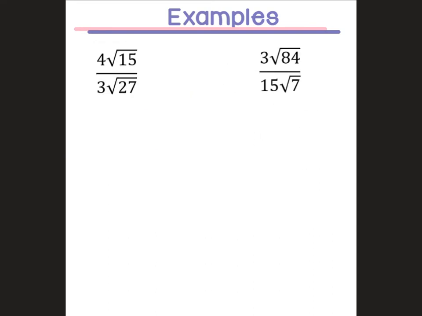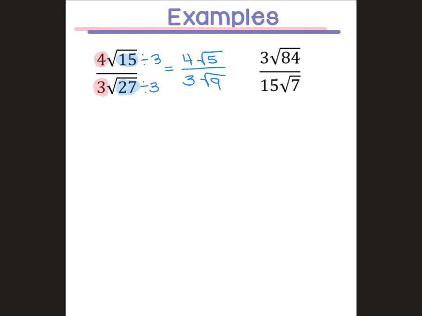On my next example, I want to check if I can simplify the fraction out in front. 4/3 is already as simplified as it can be. Then I want to look for a number I can divide both 15 and 27 by, and that number would be 3. So 4/3, 15 divided by 3 would get me 5, 27 divided by 3 would get me 9.